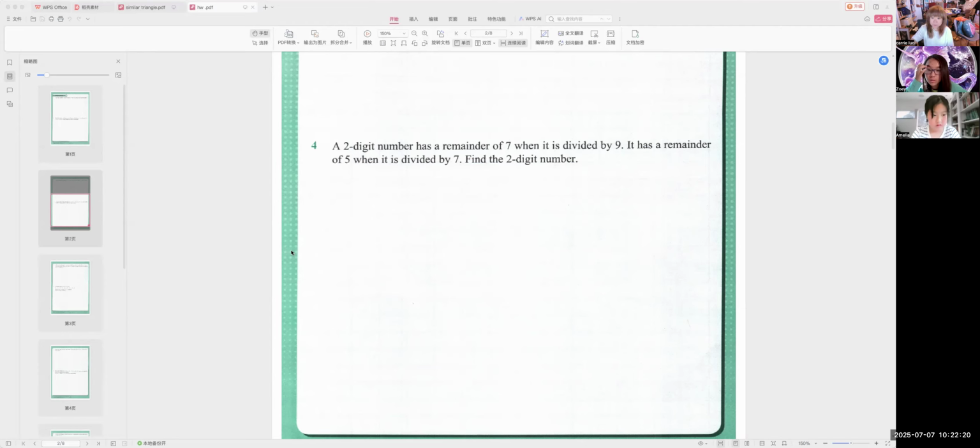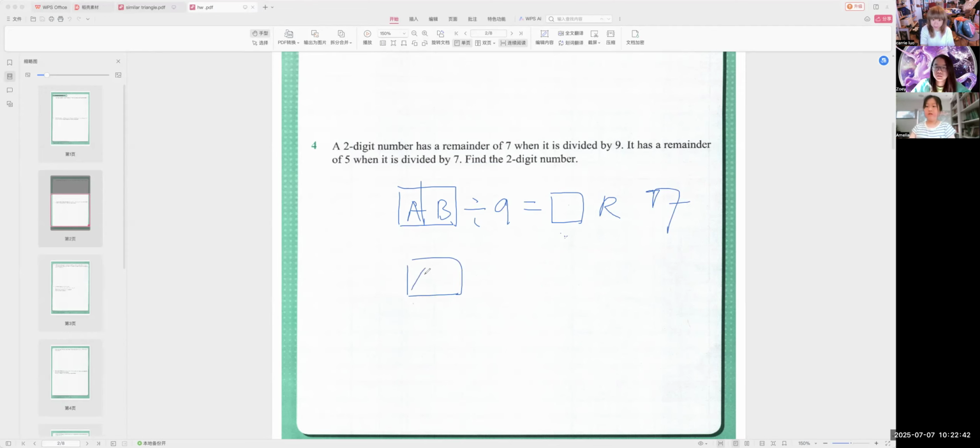A 2-digit number, AB, has a remainder of 7 when it's divided by 9. Do we know the quotient? No, we can just write it like that. It has a remainder of 5 when it's divided by 7.